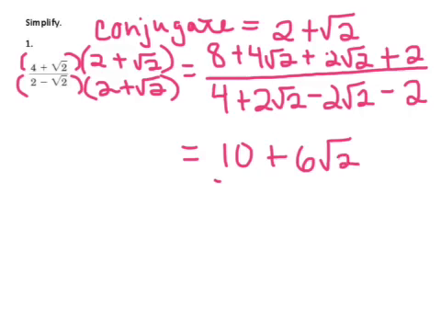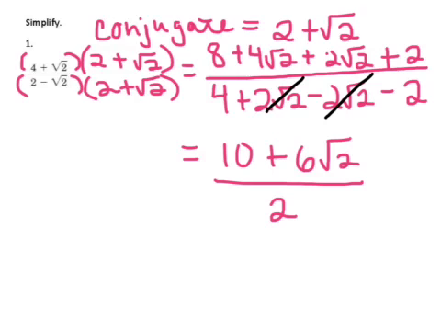And in the denominator, let's combine our two integer components. We've got 4 minus 2 for a grand total of 2. And just as we saw in our previous example, the two radical terms in the denominator cancel. That's our act of simplifying our expression by rationalizing the denominator.